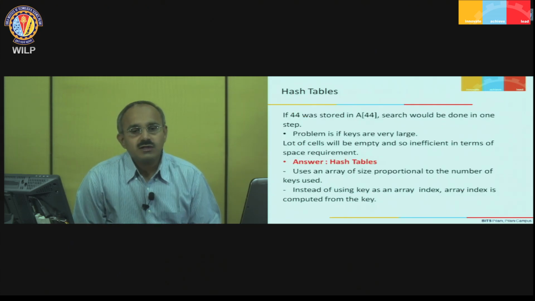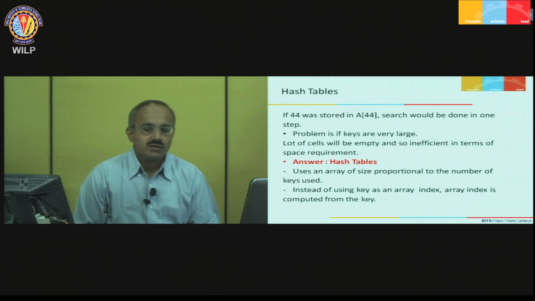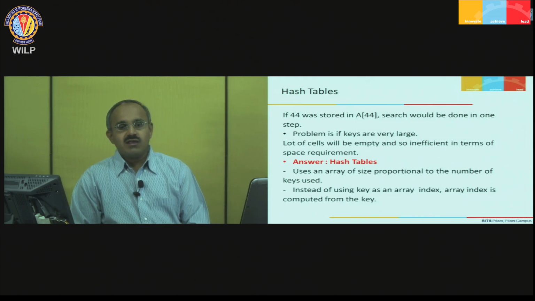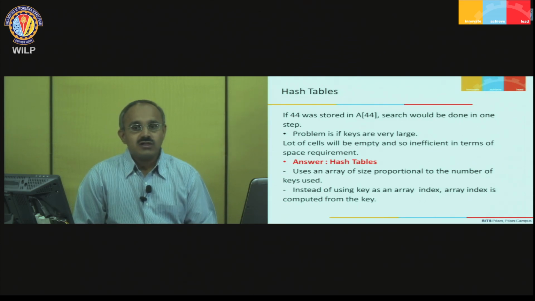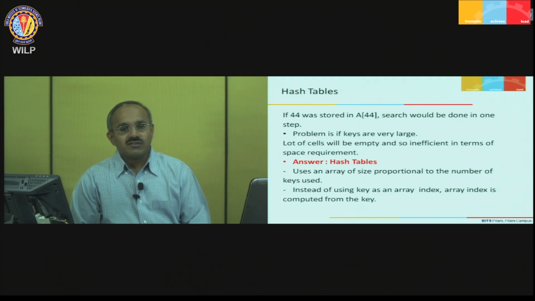Now, we know that in an array we have direct access. So, making use of this key idea, if 44, the key that we are trying to search, is stored in A[44], the search would be done in one step.